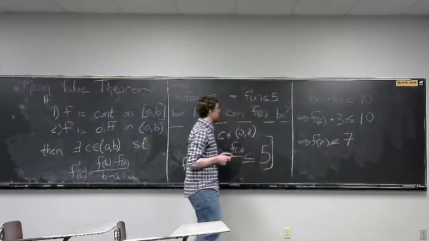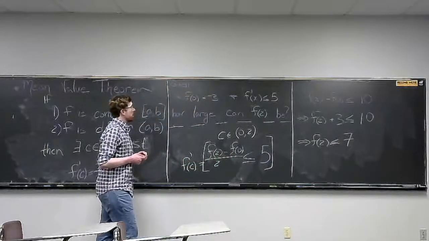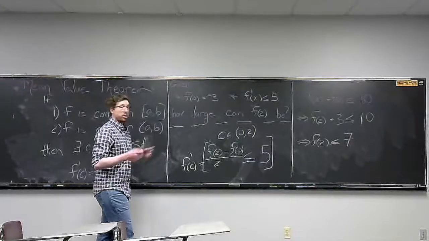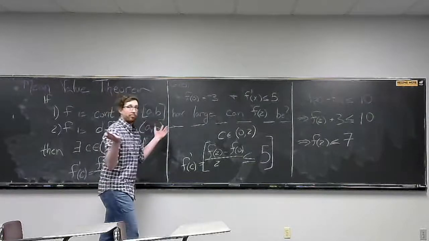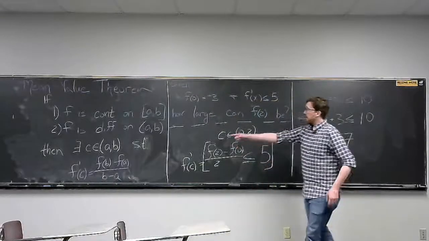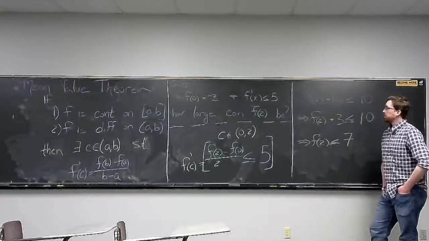So what we've just shown is that the largest that f at 2 can be is 7. And we did that by applying the mean value theorem.